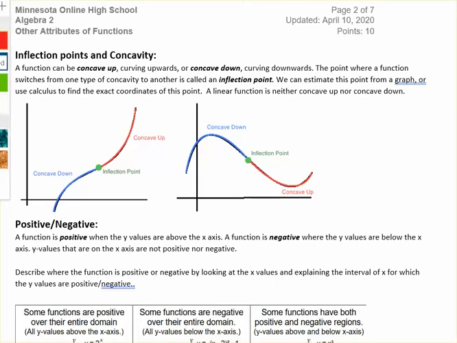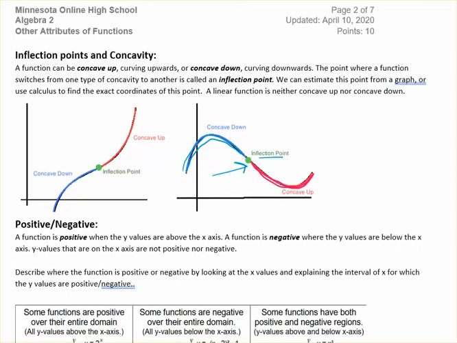Over here we have this shape that would hold water, right? That's concave up. And concave down is when it's got this upside down, roof kind of structure. It'd keep you dry underneath it. The point at which the graph changes from concave down to concave up, that's called the inflection point.